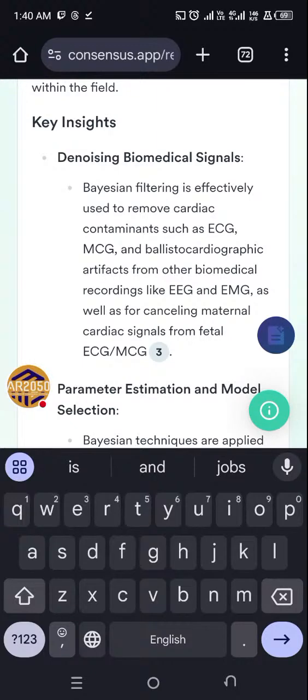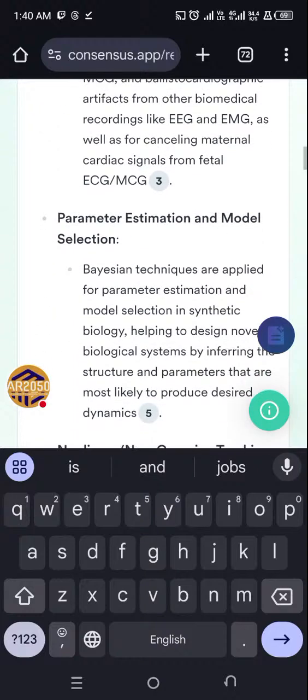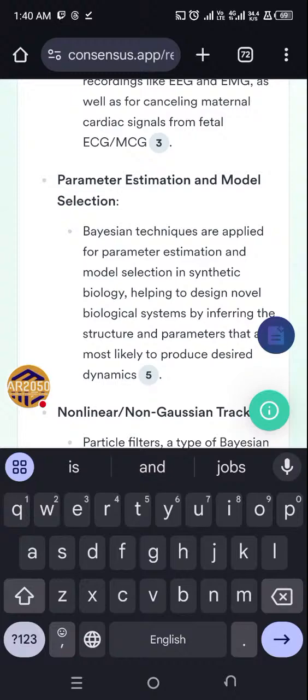Bayesian filtering is effectively used to remove cardiac contaminants such as ECG, MCG, and ballistocardiographic artifacts from other biomedical recordings like EEG and EMG, as well as for cancelling maternal cardiac signals from fetal ECG and MCG. Parameter estimation and model selection.